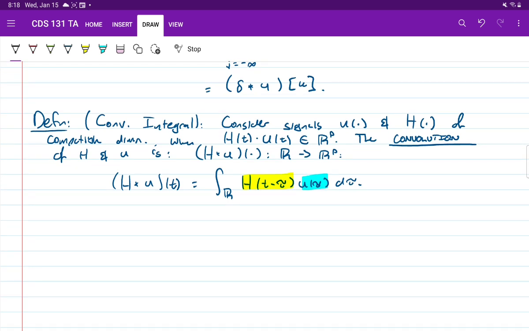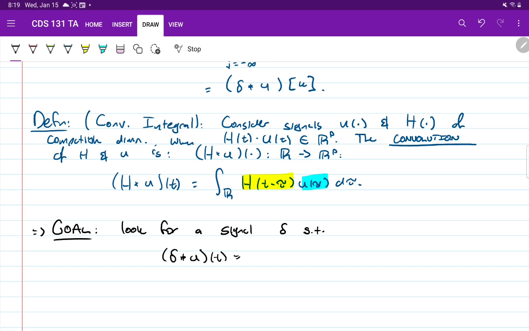Okay, fantastic. So now we have our continuous time candidate definition for convolution, right? We can go ahead and figure out what the signal delta might need to be in continuous time. All right, so our goal is to now look for a signal delta such that delta convolved with u at t is equal to u at t, right?